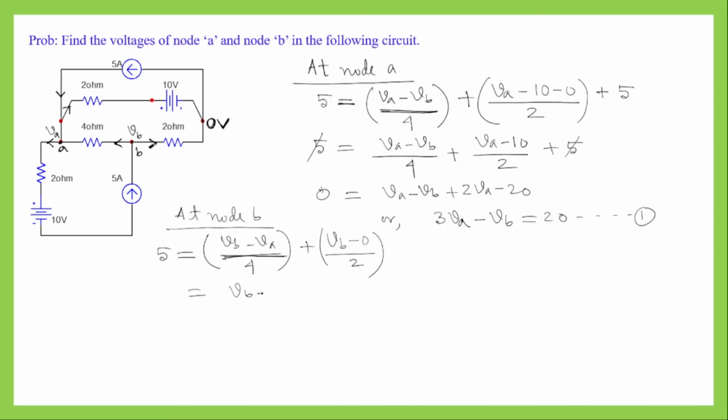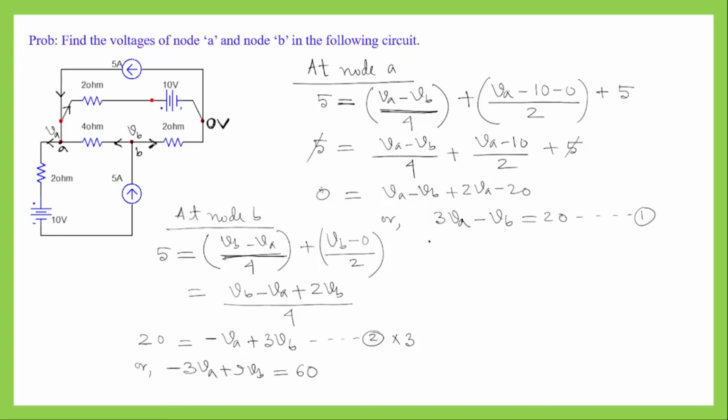It will be VA minus VB minus VA plus 2VB divided by 4. Now in the first equation we have 3VA, here we have minus VA. So if we multiply the second equation by 3, we'll have another equation which is minus 3VA, then plus 9VB, and that will be equal to 60.